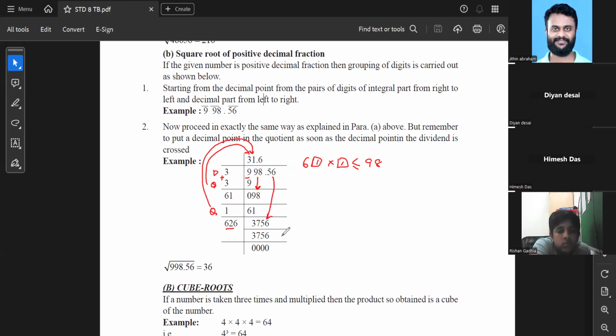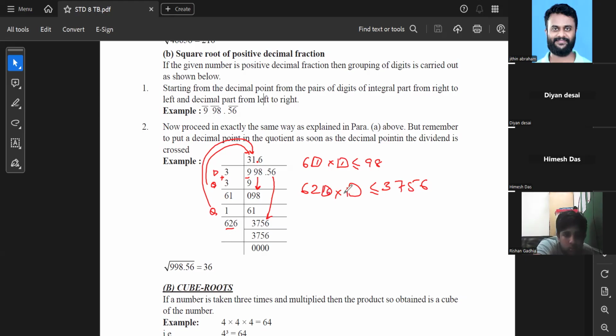So in this case, since you have taken the decimal के बाद वाला part यहाँ पर लेके आया, इसीलिए in the quotient also you have to put a decimal point over here. So after getting 1, you will put a decimal point because you are now going to consider the part which is coming after the decimal point. Okay. So in this case 3756 I have, and 62 I have. Box multiplied by box should be less than or equal to 3756.